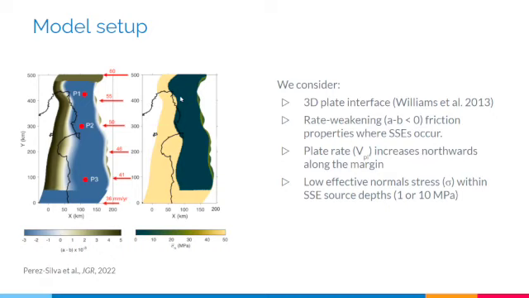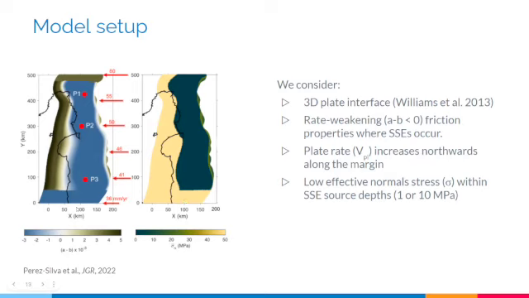And based on inferences from geodetic observations, we assume high pore pressures, or equivalently low effective normal stresses, between 1 and 10 megapascals at the source depths of slow slip events. And for simplicity, we set it to be 50 megapascals outside.